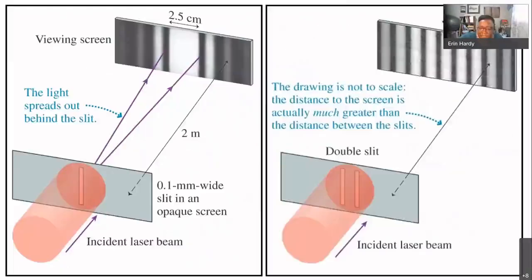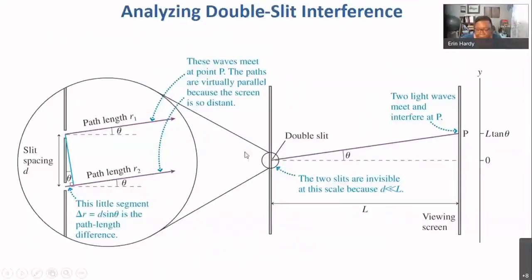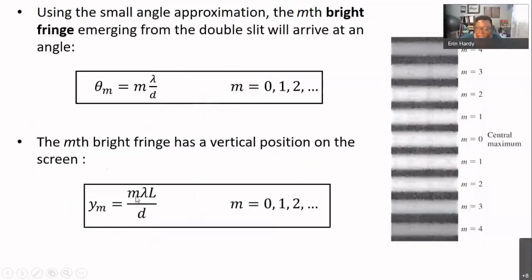If we are just looking at one of these antinodal lines for this specific example, the next higher order one would be a little bit further out. So the vertical position on the screen would be a little bit bigger for a larger value of m. But lambda, L, and d are all constants.